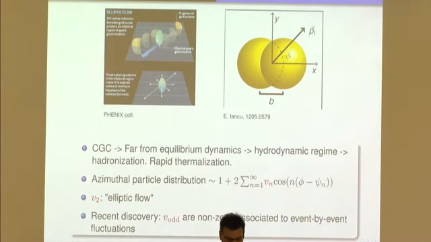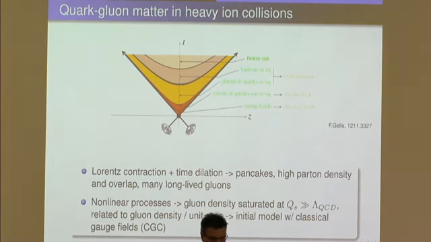Now, maybe I should go back to this slide. So then, after you form the initial state, there's a period where the system is highly off equilibrium, and then it fast settles into a regime where hydrodynamics can be applied, and there are lots of good codes for doing hydrodynamic simulations in this system.